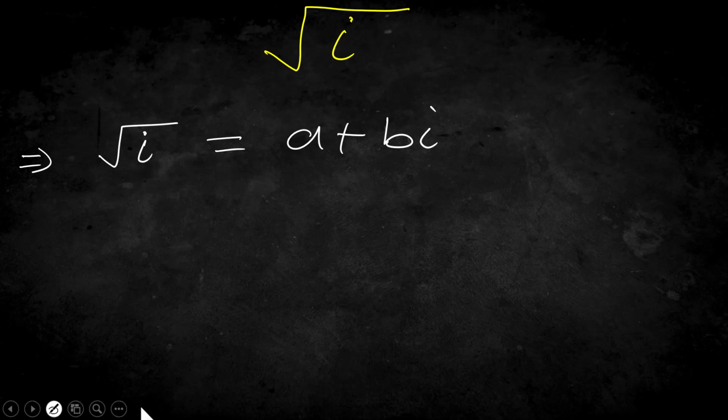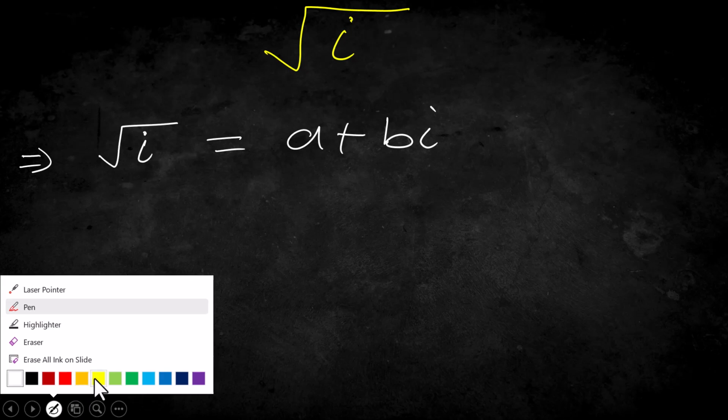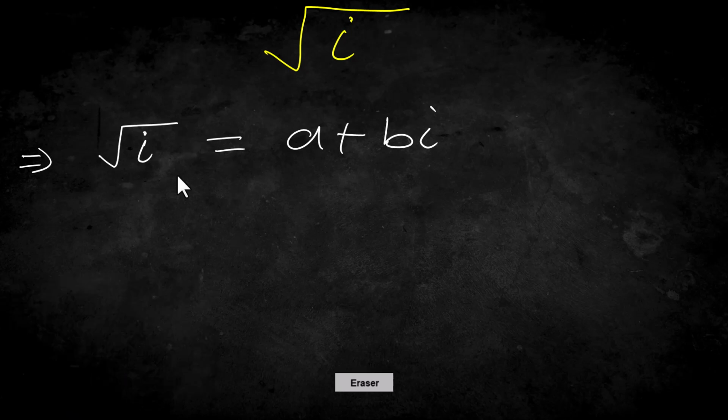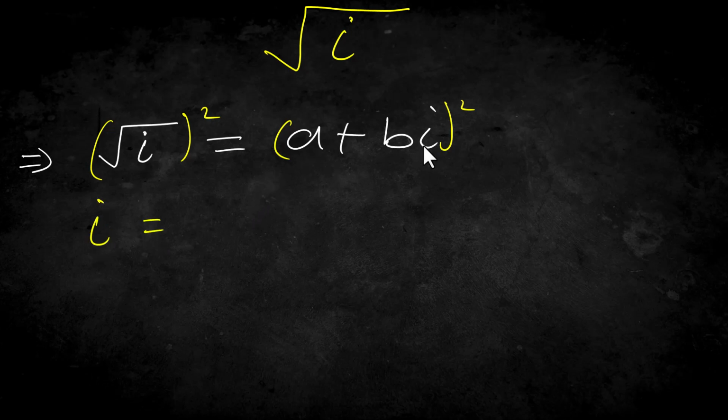Now, from here, you square both sides. So this side will be i, and this side will be plus or minus that. Let's square both sides where the square will affect that.